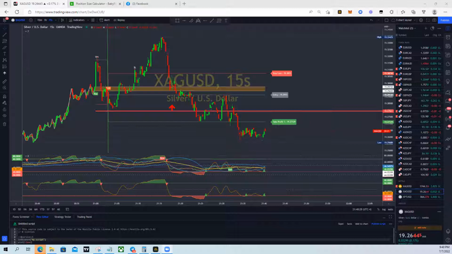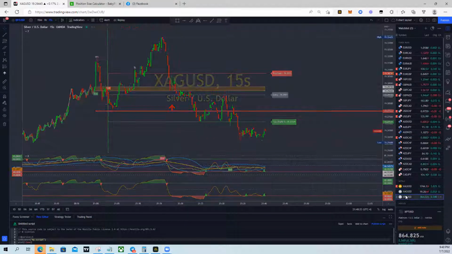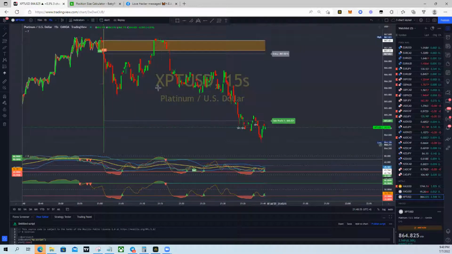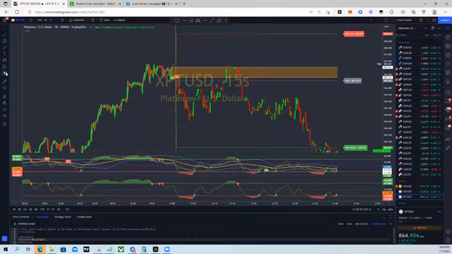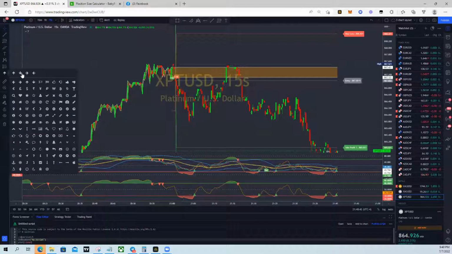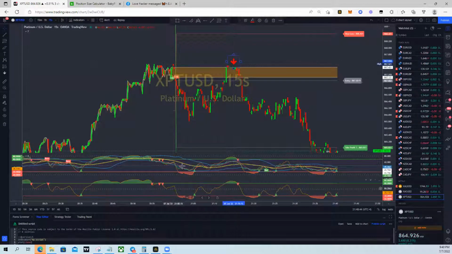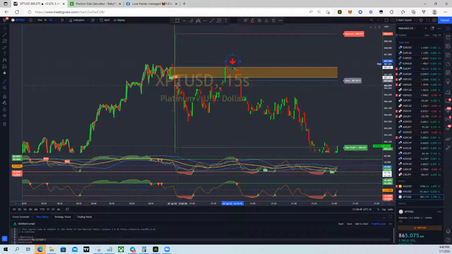I was muted. Silver's doing the same thing. Platinum's doing the same thing. Ooh, look at that retest on platinum, on a 15-second chart. Sell. 15-second chart. Sell.